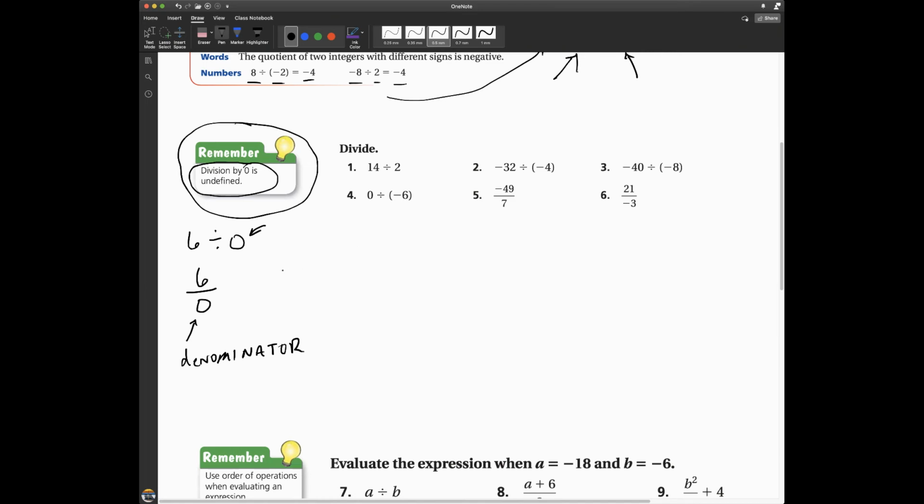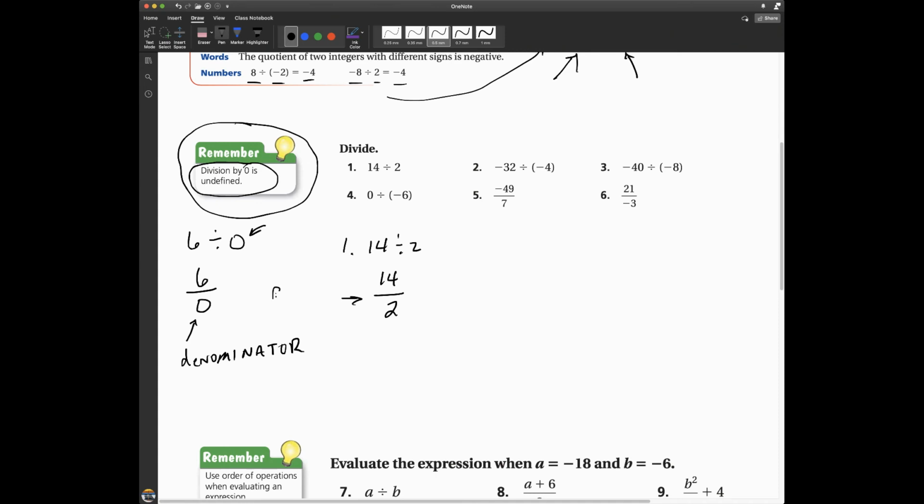All right. So I'm going to look at a couple of these problems, and I'm going to save some of them for you to practice. So let's look at the first one. I like to do the easy problems. You can do the hard ones. So 14 divided by 2, which could look like this, 14 over 2. Notice that fraction bar right there.